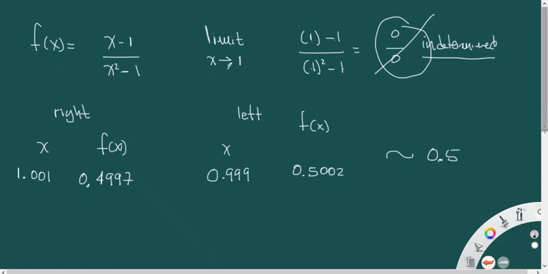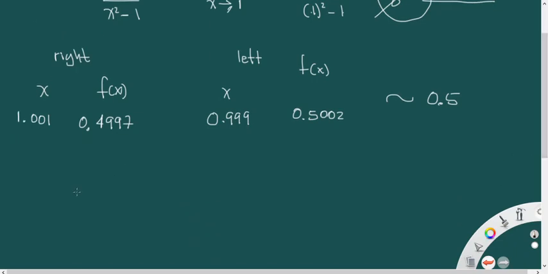Okay. Another way to do this is to factorize the expression. So our function is equal to x minus 1 divided by x squared minus 1. I can keep this x minus 1 here, and let me factorize this one.